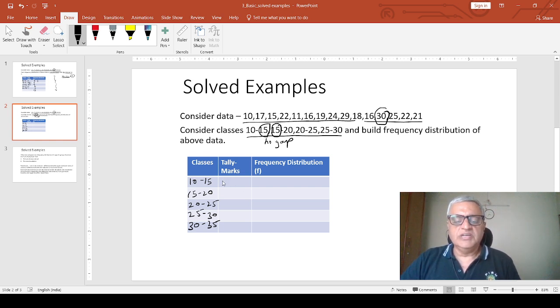So let's start adding our tally marks. First element is in the first class, second will be here, 15. Now 15 is here and not in the upper class.